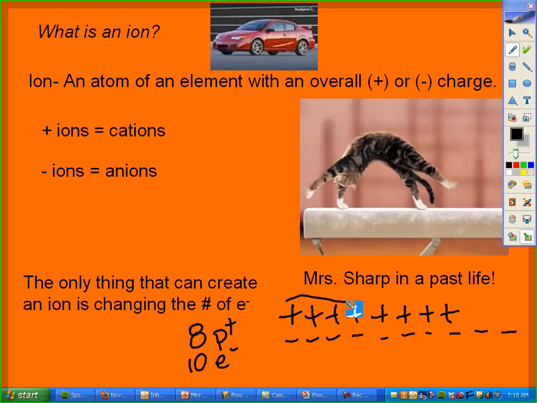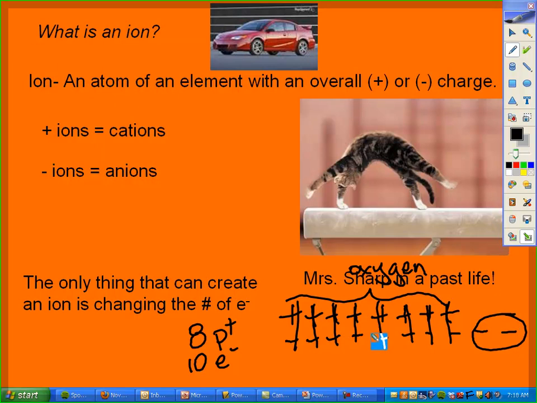I would still have oxygen because an atom's identity is based on the number of protons in its nucleus. But now, when those charges cancel, I've got 2 leftover electrons that are not canceled out by a proton because oxygen only has 8 protons. So this would be oxygen with a -2 charge. So it would be an anion of oxygen. Now we can even do better.